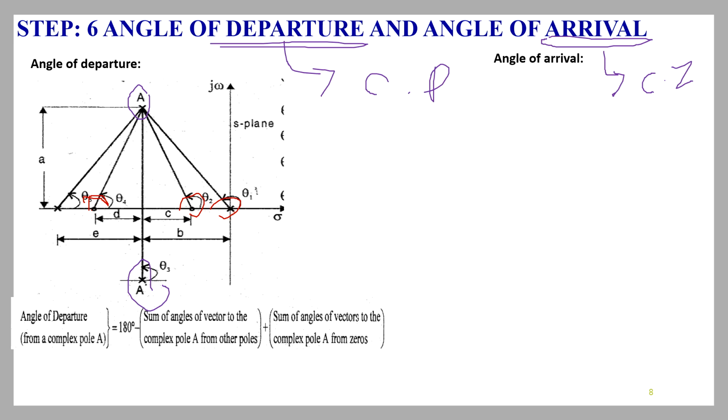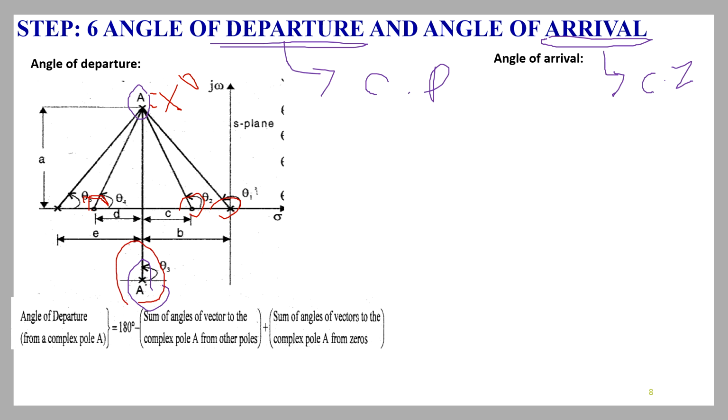Then the angle of departure is 180 degrees minus the sum of angles of vectors to the complex pole from all poles. So the angles you measured with respect to complex pole A are theta 1, theta 3, theta 5. So 180 degrees minus theta 1 plus theta 3 plus theta 5 plus theta 2 plus theta 4. Hope you understood. When you get the answer at A as some x degrees, then the answer will be minus x degrees at A star.